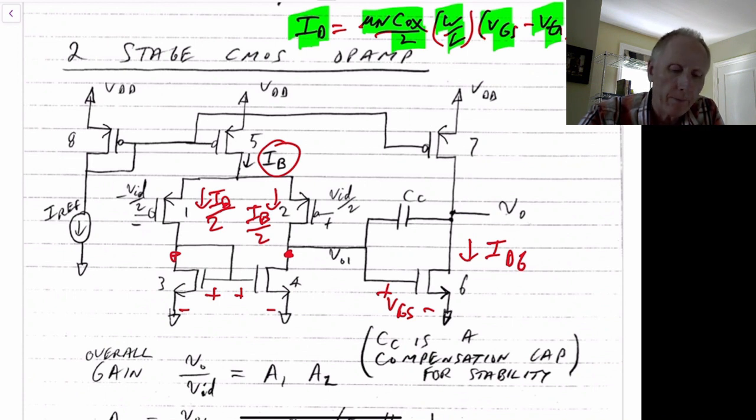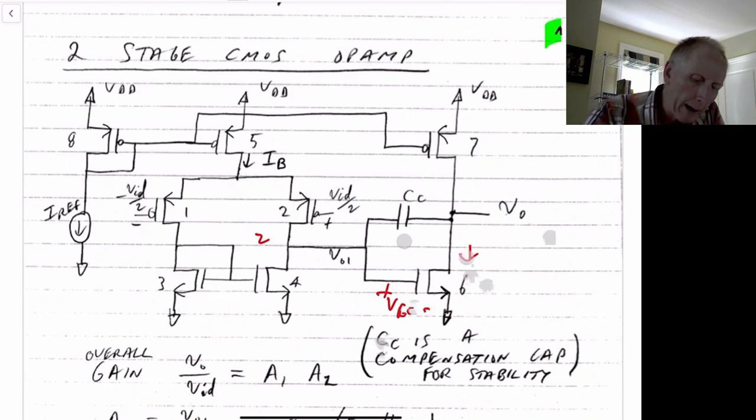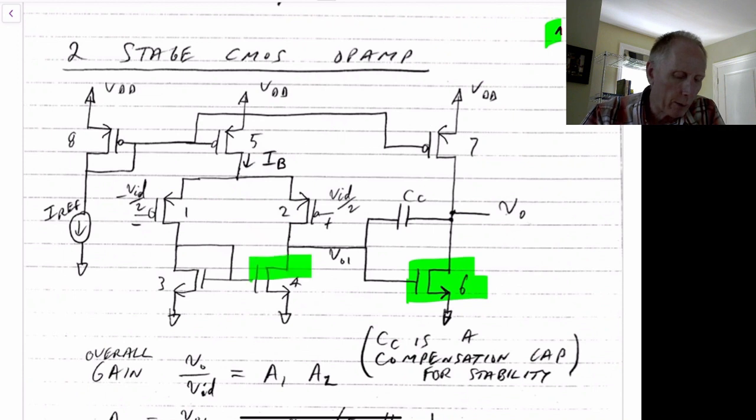So all we have left is the VDS in this equation, so they must be the same between M3 and M4. So that means that really what we have is a current mirror effect between here and here, because the drain to source of M4 equals the drain to source of M3, and that's hooked up like a current mirror.